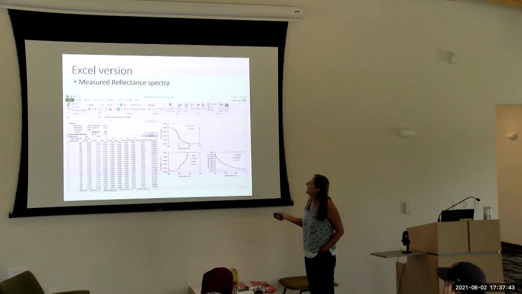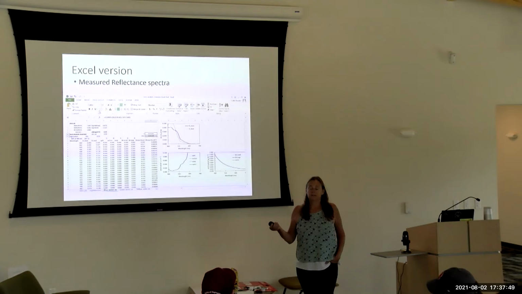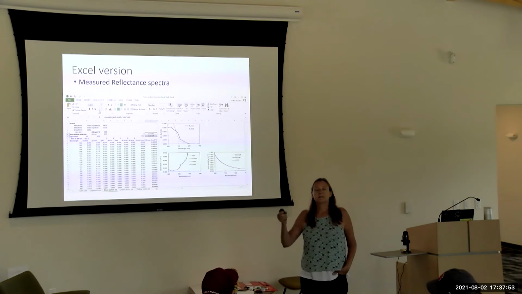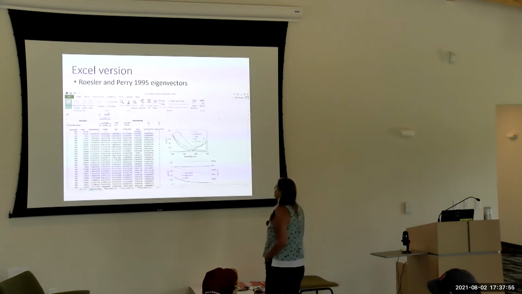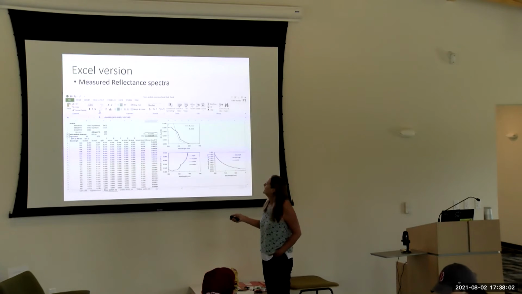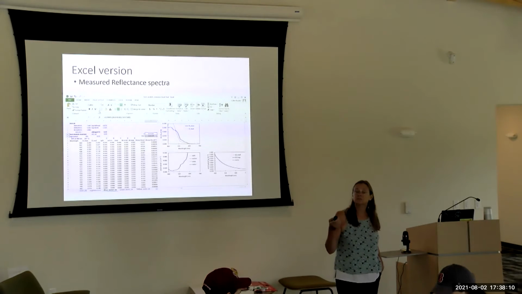You can just add values here, which will basically be the eigenvalue multiplied by the eigenvector. So if you put in 0.1, it's going to be 0.1 times this phytoplankton absorption, so your absorption at 400 would be 0.1. You just change these coefficients as if you were a linear or non-linear least squares regressor.